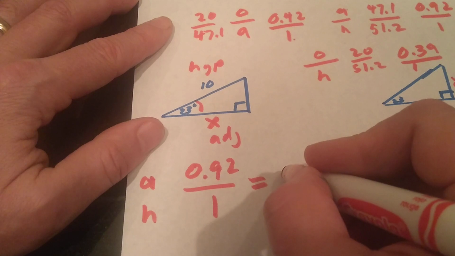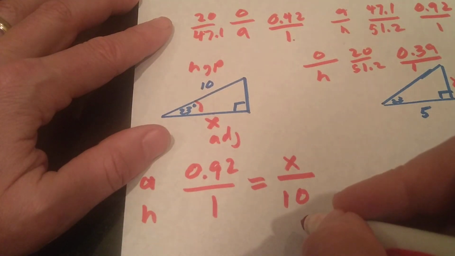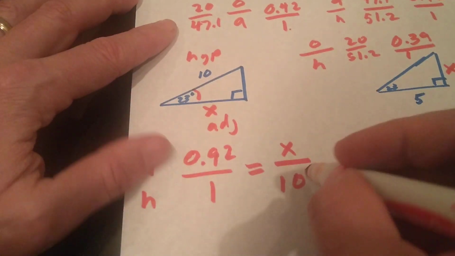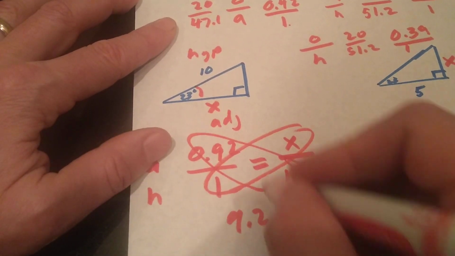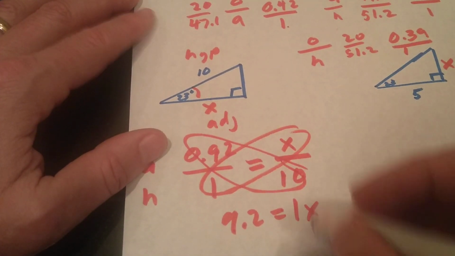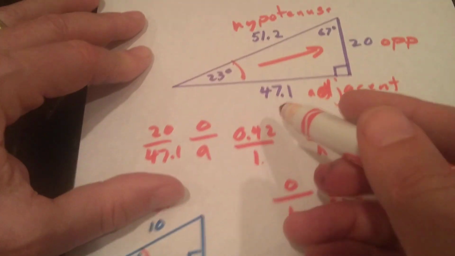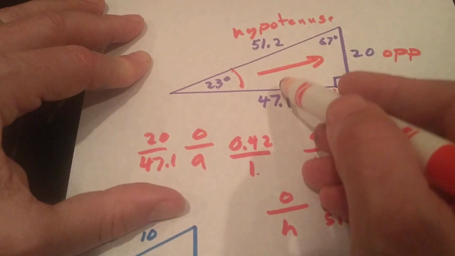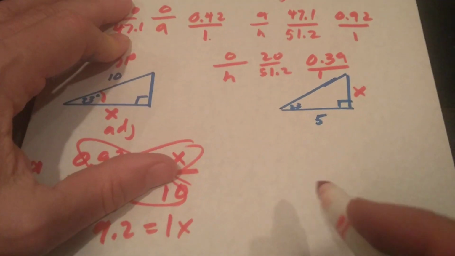In this case, I have a hypotenuse of 10, and I don't know my adjacent. But I can cross multiply, and this is a really easy one. When I cross multiply, I get 9.2 equals 1x, or just, that's the answer, 9.2, which makes sense. If this is 10, this is very close to that number. Look at our original numbers, 51, 47.1. These numbers should be very close together, okay?